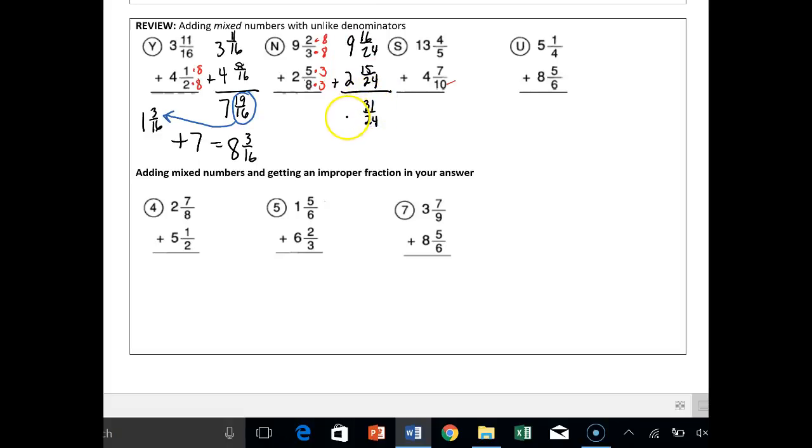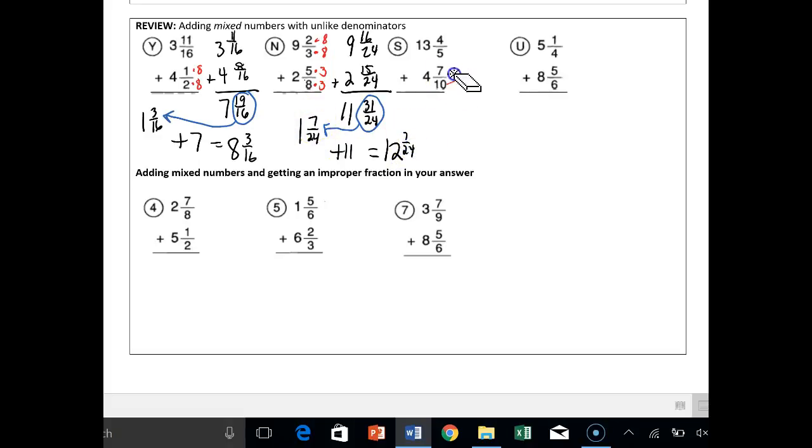And then 9 plus 2 is 11. So 11 and 31/24. But again, this is improper, so I can get another whole number out of this. 24 goes into 31, excuse me, 1 time with, let's see, 31 minus 24, 7 left over. So 1 and 7/24. So then I add that to my 11, right? That was already a whole number when I added 9 plus 2. 1 plus 11 gives me 12 and 7/24.